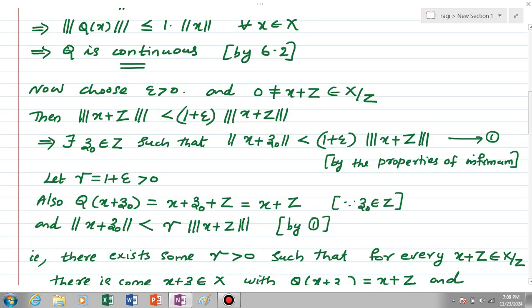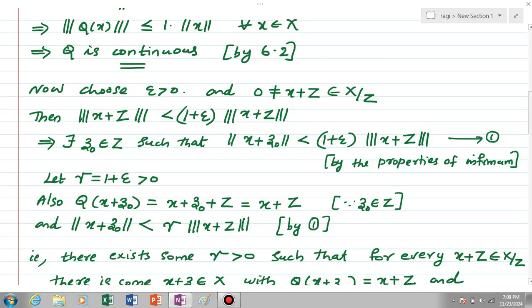Okay, so we know that the triple norm of x plus Z is the infimum of all norm of x plus z where z is an element of Z, and 1 plus epsilon into the triple norm of x plus Z is clearly not a lower bound for that set.